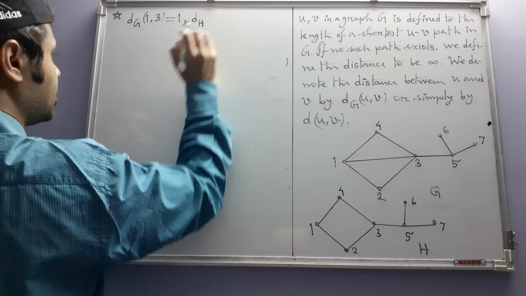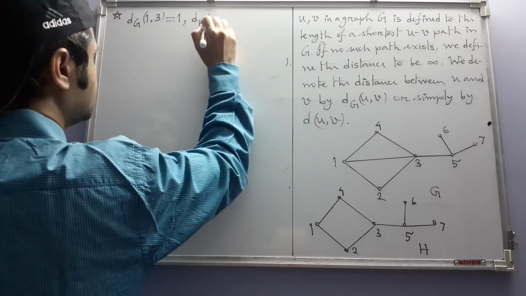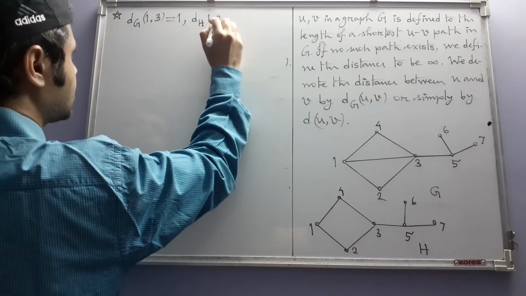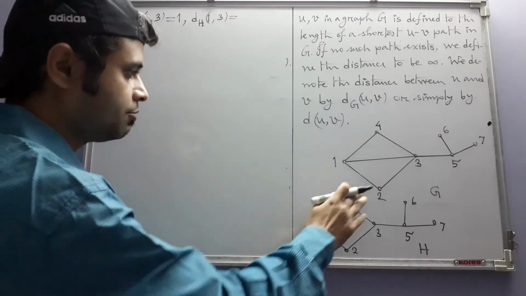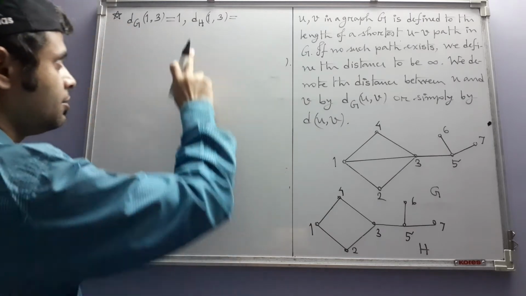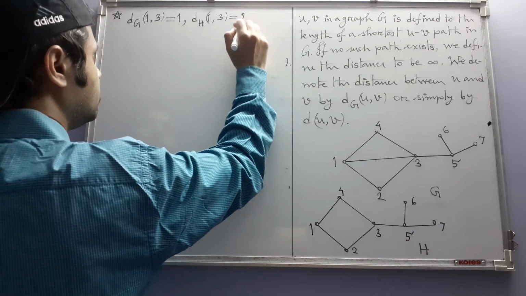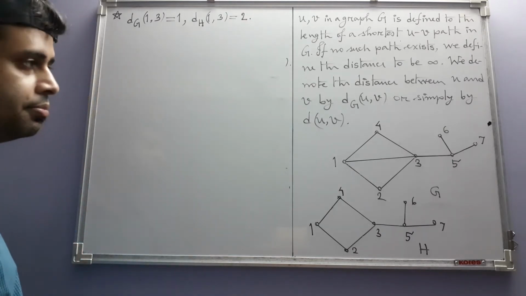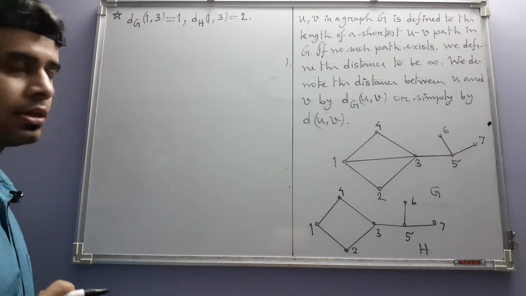So it does matter in which graph we are calculating the distance, and that's why we use the subscript. But if we have only one graph with which we are working and we are not changing the graph, then we can drop the subscript sometimes if there is no chance of confusion. So that is the concept of distance between two points in a graph.